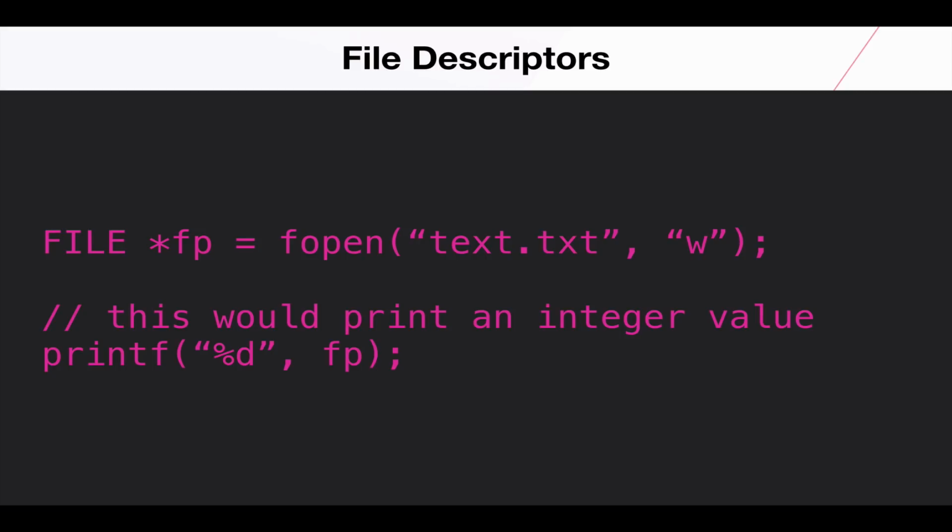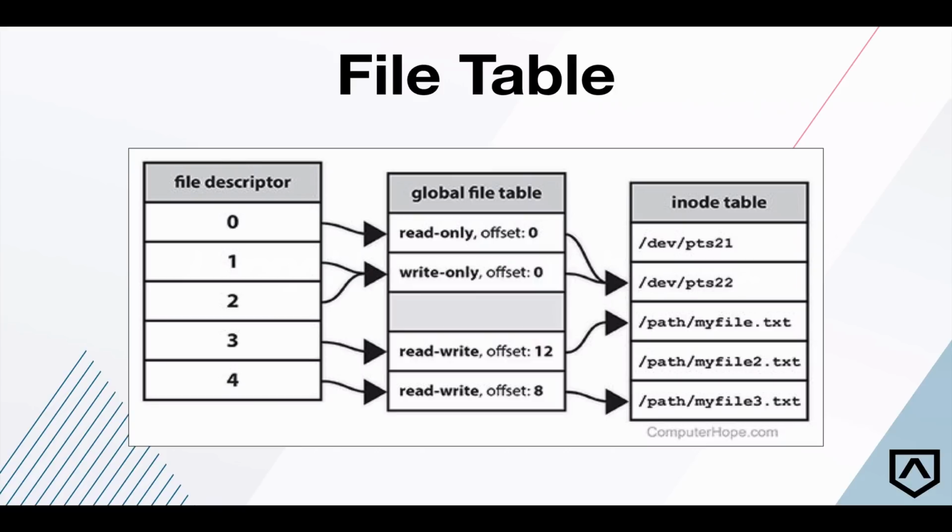The logic here is that that integer would be a key in a table of files. The file descriptor, the integer itself, would be a key in a hash table with the value being the associated location of the file, something like this. So the file descriptor is just the access number or the key associated with whatever file you wanted a handle to.